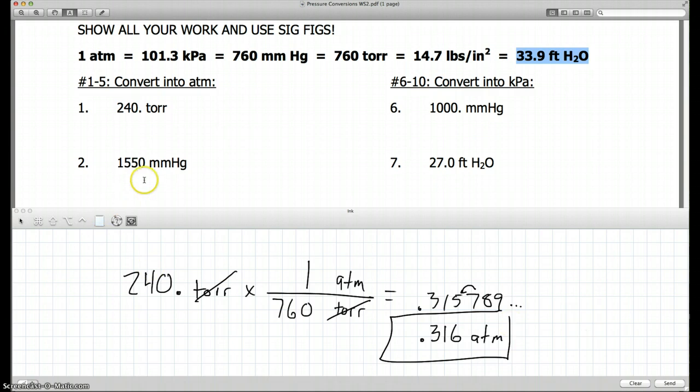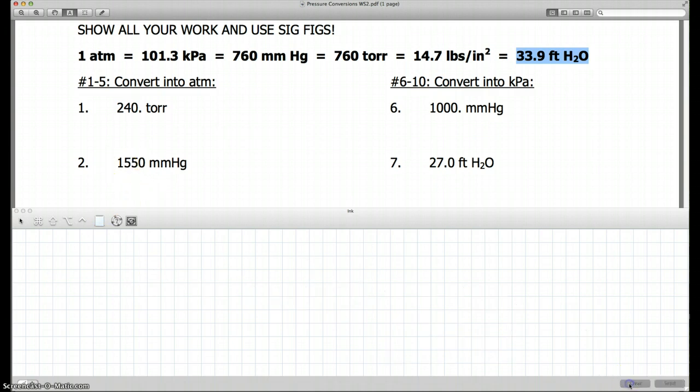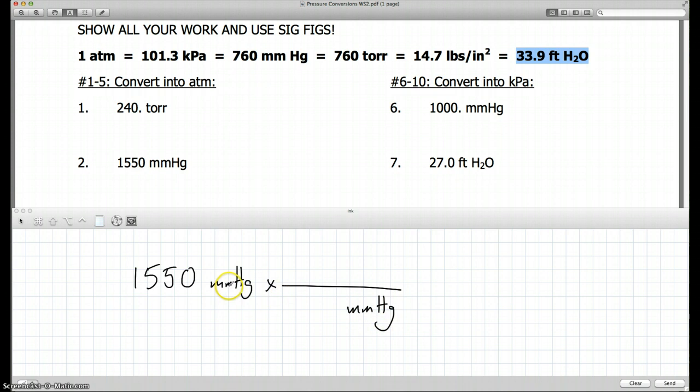I will quickly do question number 2 here as another example. Again, I just write my starting number, which is 1550 millimeters of mercury, times a blank line. The starting unit, in this case mmHg, goes on the bottom. Whatever I'm looking for, and the question says to convert it into atmospheres, so I put atmospheres on top. Then I get my numbers from the equality again.